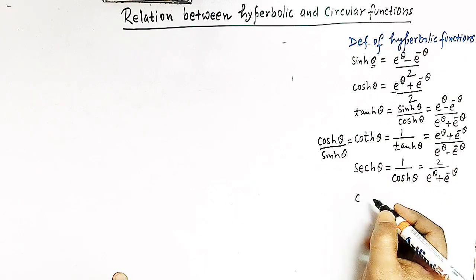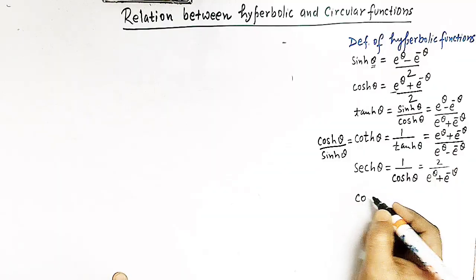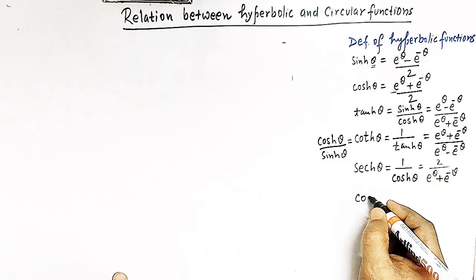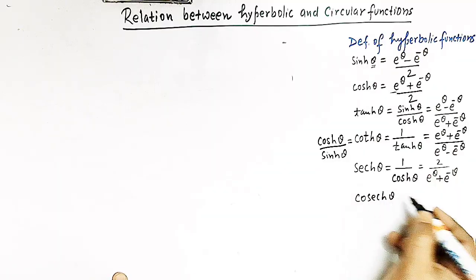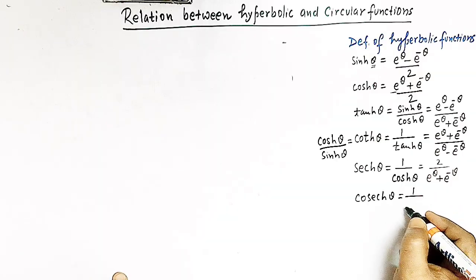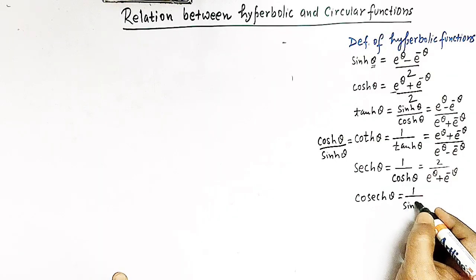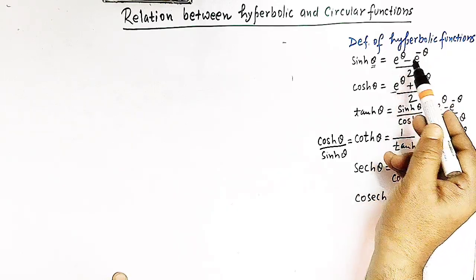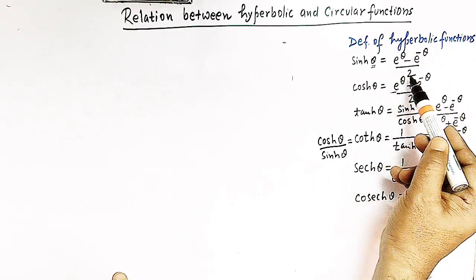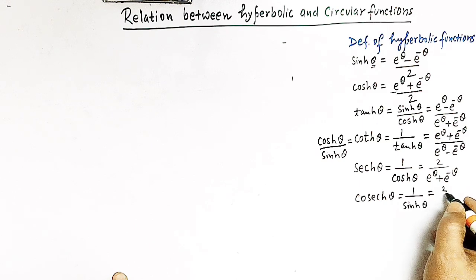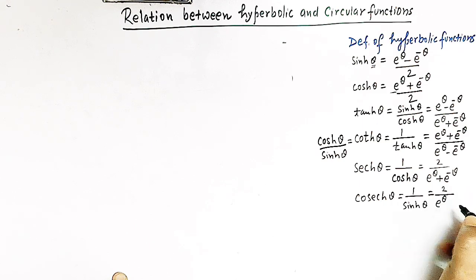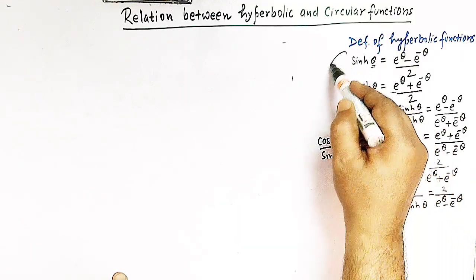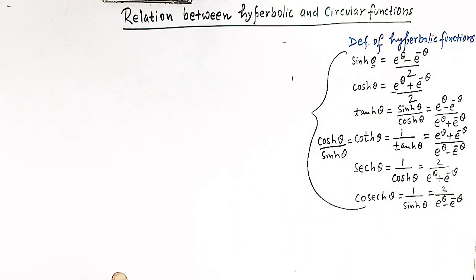And similarly, we have the hyperbolic cosecant of theta, that is 1 over hyperbolic sine of theta. So taking the reciprocal of e raised to theta minus e raised to minus theta over 2, we have here 2 divided by e raised to theta minus e raised to minus theta. So this is how we can define the hyperbolic functions.